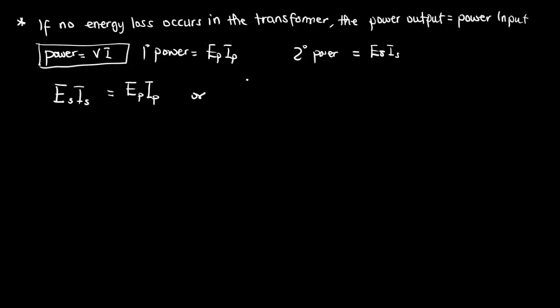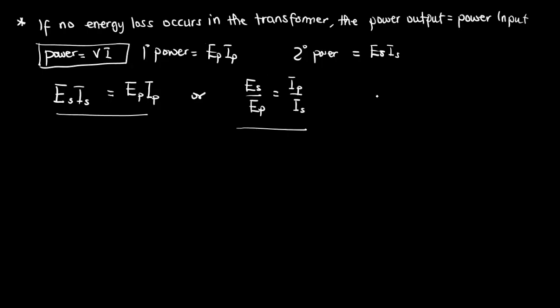Or you can rewrite them as ES over EP is equal to IP over IS. Are you okay? So it's either this or this, right? This is just like making the EMFs stand at one place, and the current also at one place. So this is the expression that you get.